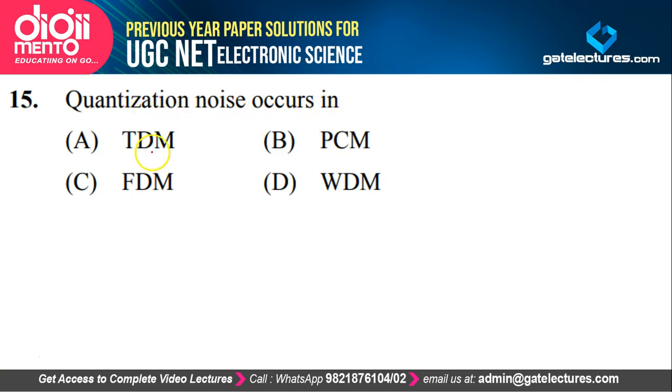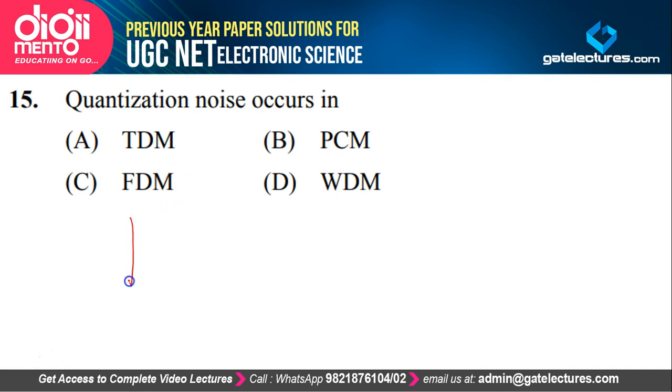So they're saying that quantization noise occurs in TDM, PCM, FDM or WDM. So what is quantization noise? Basically, see, an analog signal is going to have any possible value, right? Now when you want to convert it into a digital set of values, that is, you want it to take a particular number of values.